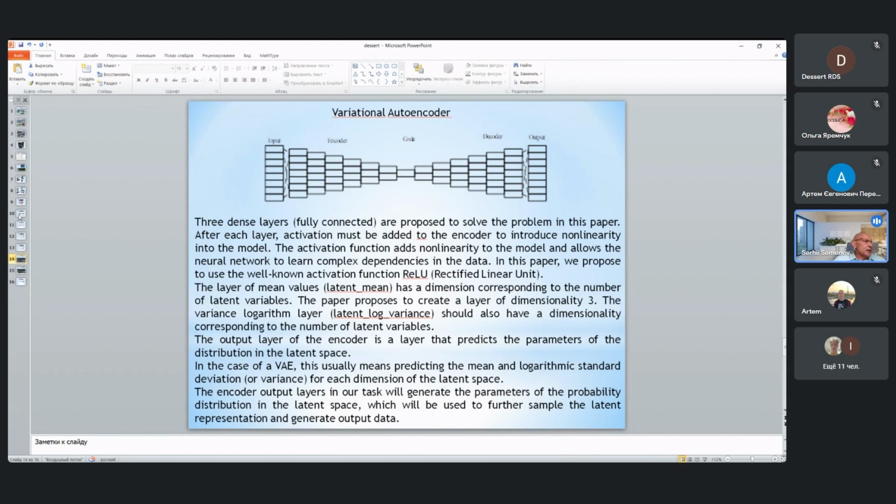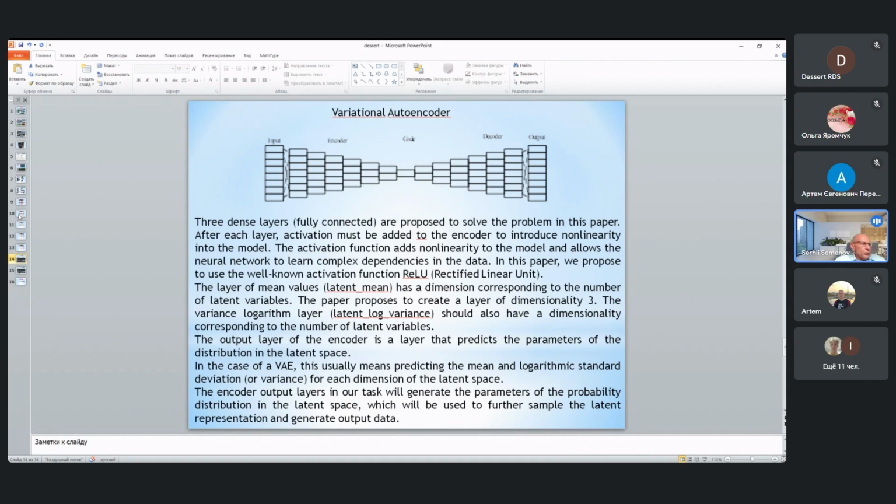The output layer of the encoder is a layer that predicts the parameters of the distribution in the latent space. In the case of these characteristics, it usually means predicting the mean and logarithmic standard deviation for each dimension of the latent space.